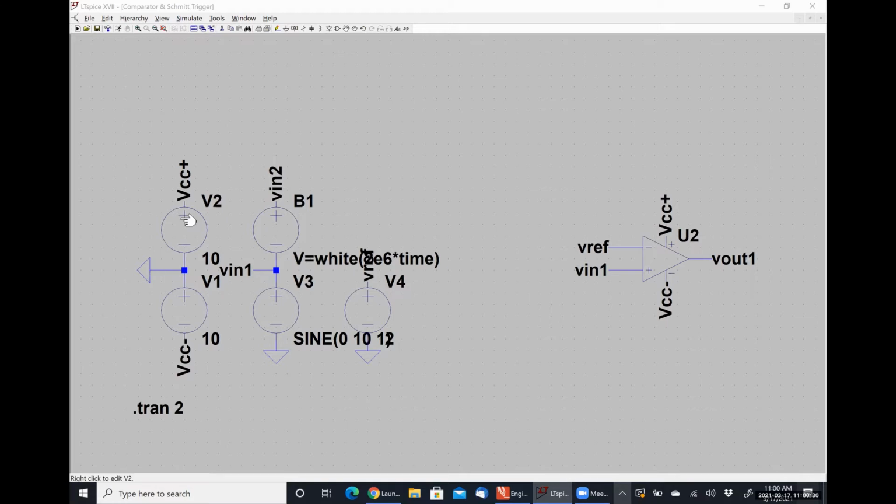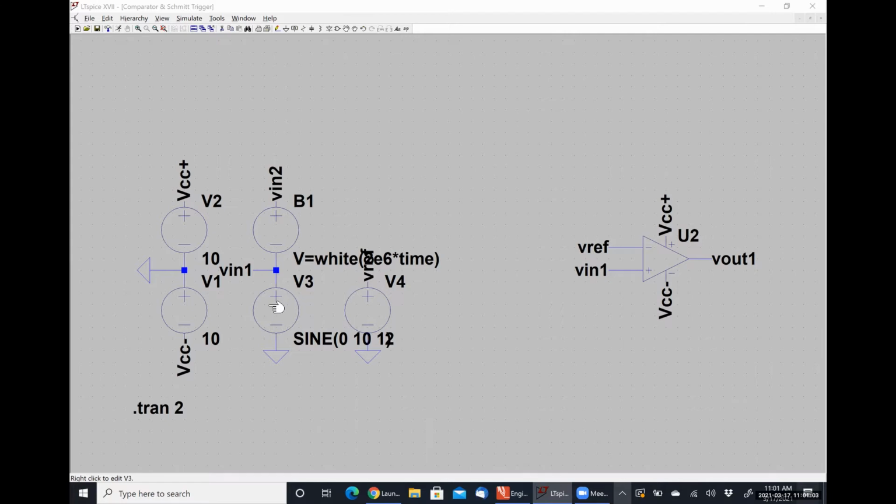So I can use the positive polarity voltage of my topmost source to be my positive power supply voltage, and this one down here to be my negative supply voltage. Using those labels, I can then place the same label on my op-amp circuit, and it automatically applies those voltages so that my actual op-amp circuit isn't crazy busy with voltage sources and all that crap applied at every terminal.